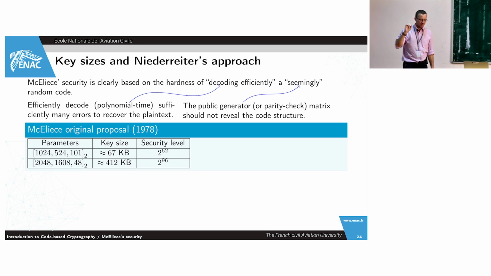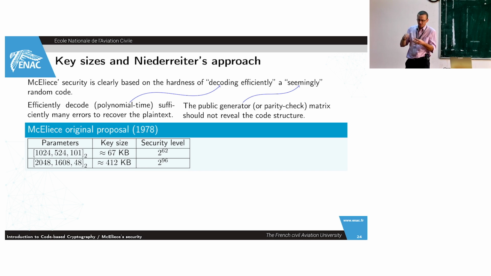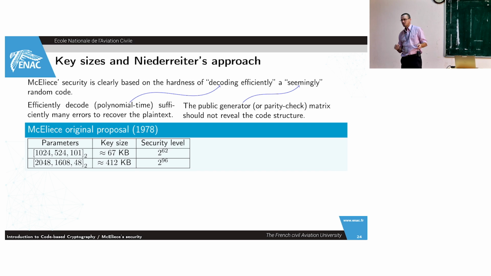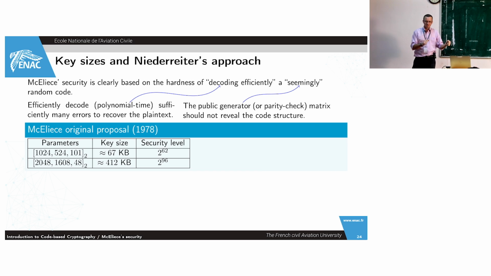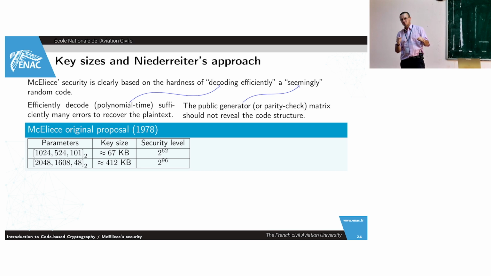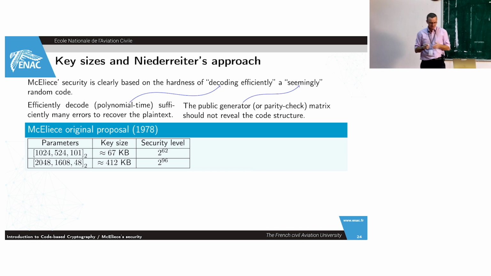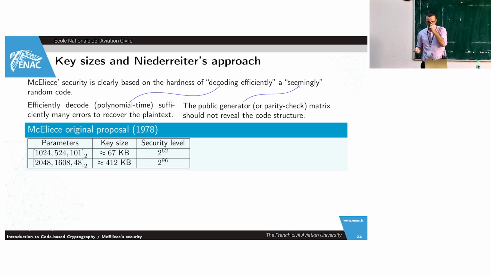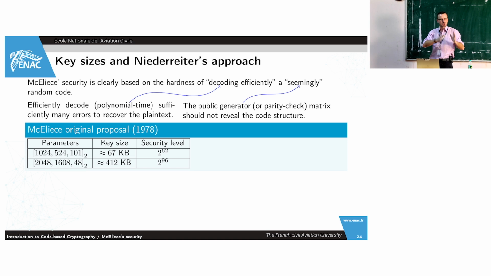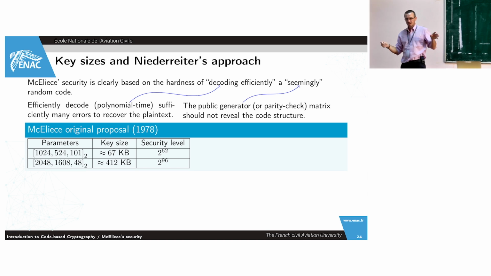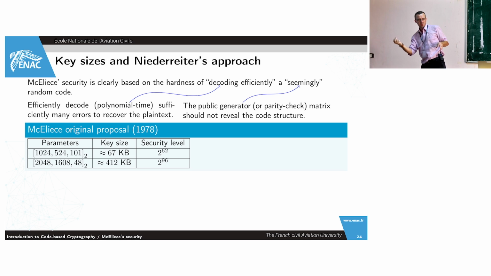You have to use G, you find S, G, P, you disguise the code, and you take an error vector, you add this error vector to the encoding of the message, and then you can decode, and everything goes well. But now you know that G has also another representation for the same code, which is its parity check matrix.